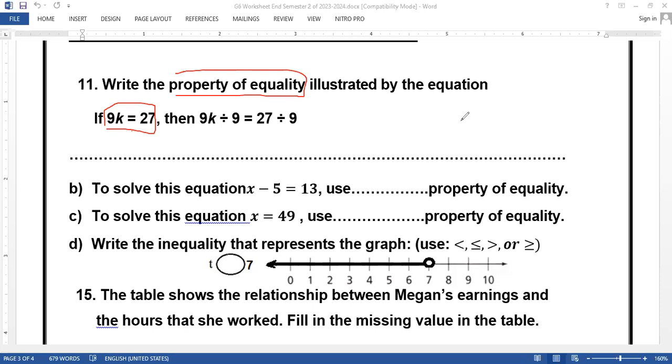What is the new operation done on the second equation? The first equation was 9k, they divide by 9. 27, they divide by 9. So they divide both sides by 9. So this is the property. We don't look at the first equation. We look at what has been done on the second equation. So the answer is division property of equality.